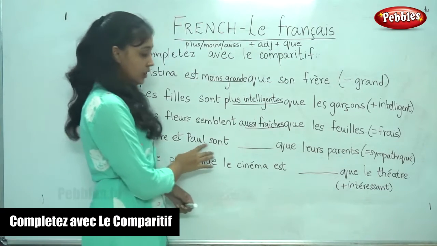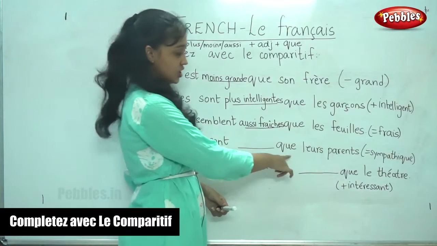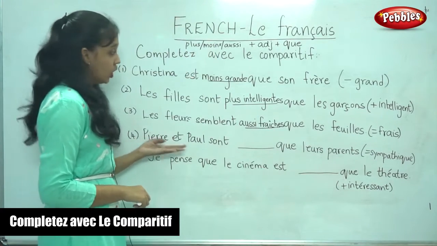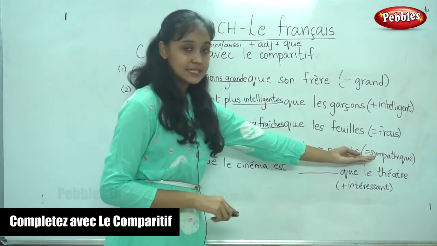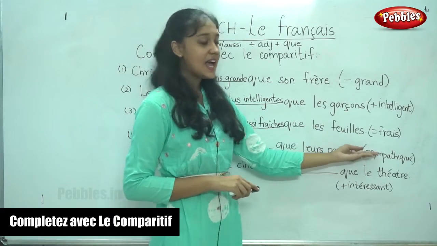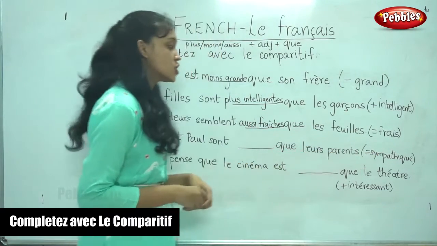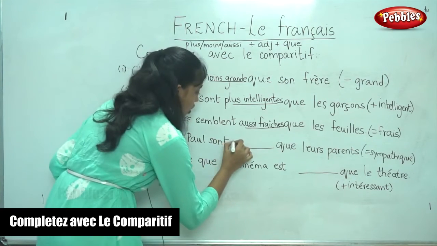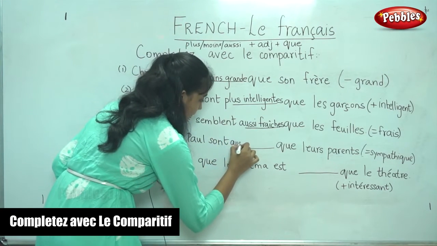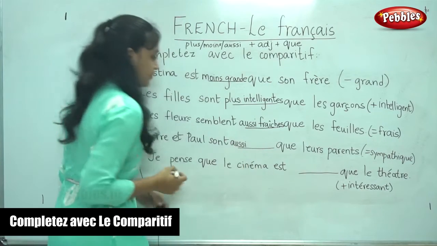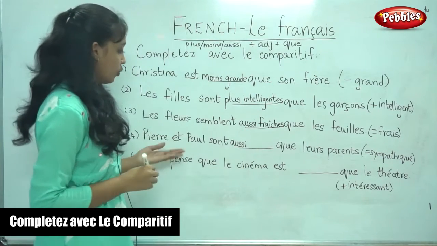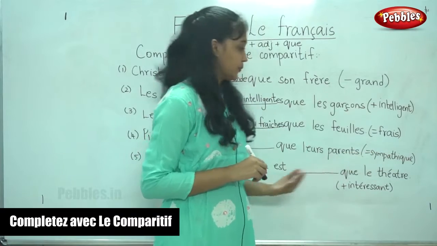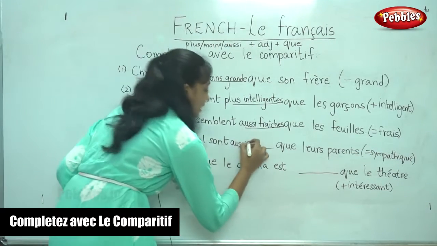Pierre et Paul sont dash que le parent. So now, what is the symbol given to us? Again, it is an equal to symbol. So when there is an equal to symbol, the word we use is aussi. Aussi. Then, what is the adjective? Sympathique. Now, we need to write our adjective.